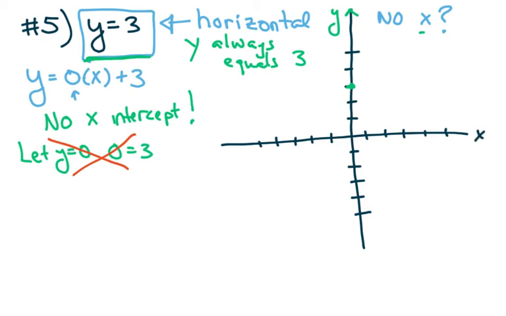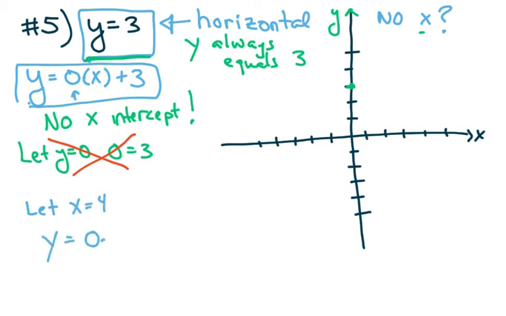So what is going on? Well, look at this. No matter what value of x I put in there, let x equal 4. Y would equal 0 times 4 plus 3. So y equals 3. Okay, so find that on your number line. Here's 4 for x. Y is up here at 3.